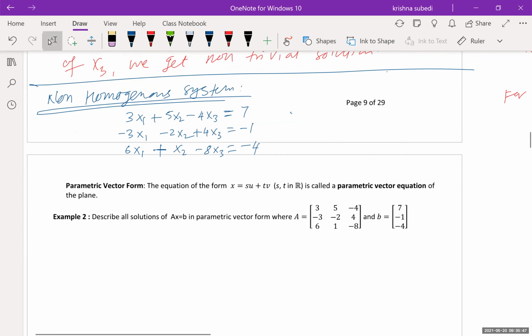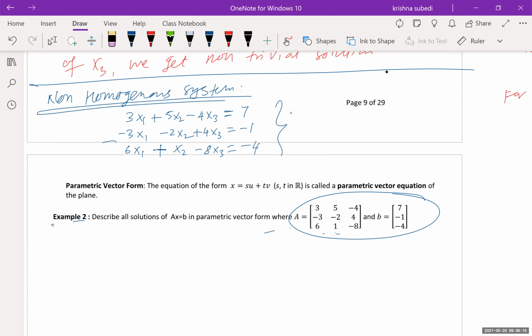Okay, so what you need to do is, well, this example 2 is basically the same thing, right? We just express that system in terms of matrix form. So consider the augmented matrix. The same question can be given in this way or in this way. It's the same thing.